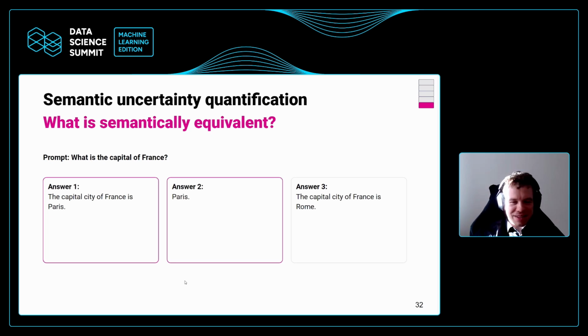They are actually completely different semantically. So here we need to ask some kind of language model, it can be an LLM, it can be some simpler language model, to also evaluate the semantic equivalence or semantic similarity between the answers given the prompt.